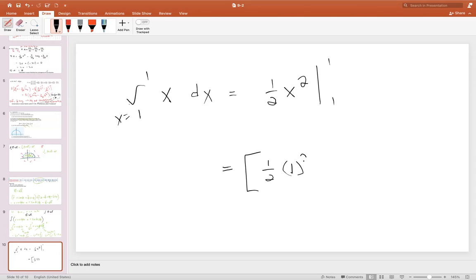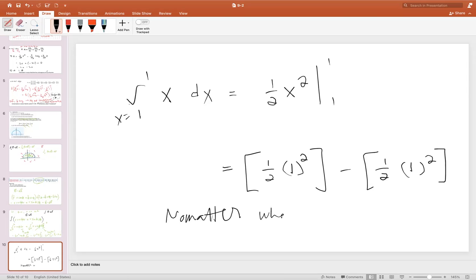So this is always going to give us something like 1/2 times 1 minus 1/2. And no matter what this is, it's always going to be something like a minus a, which will always be 0, because we didn't actually move at all in this differential direction.